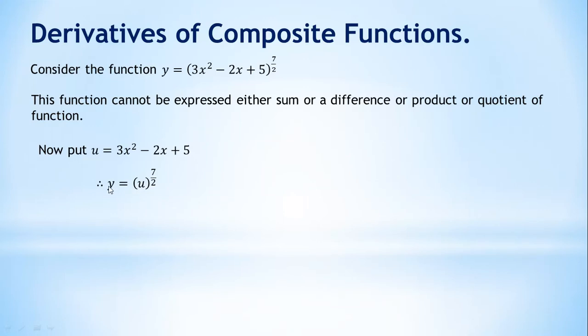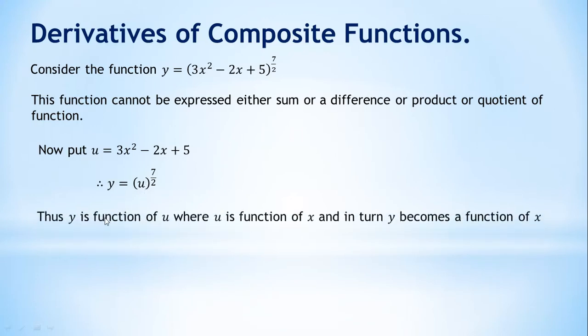So the variable y is expressed in terms of u. So y depends on u, where y is equal to u raised to 7/2. So we get y is a function of u. See here, y is a function of u and u is a function of x.